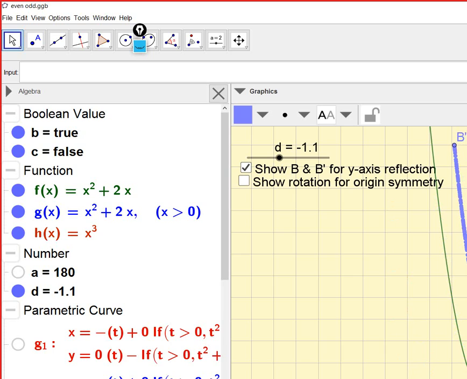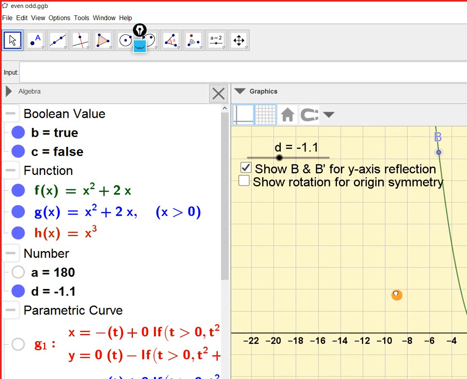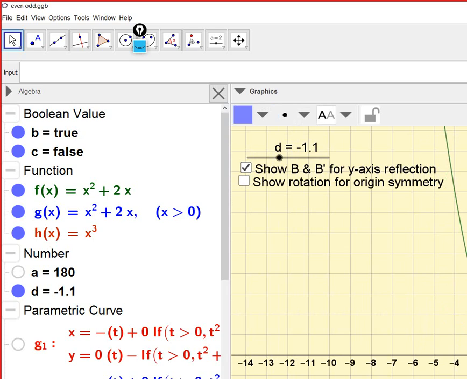No, right? Okay. So this curve here would not have y-axis symmetry. It's got symmetry, but the line of symmetry is right here, through -1. Questions on that?